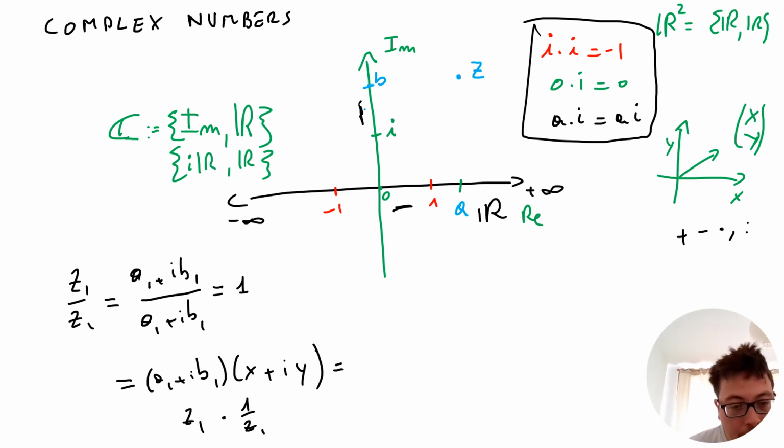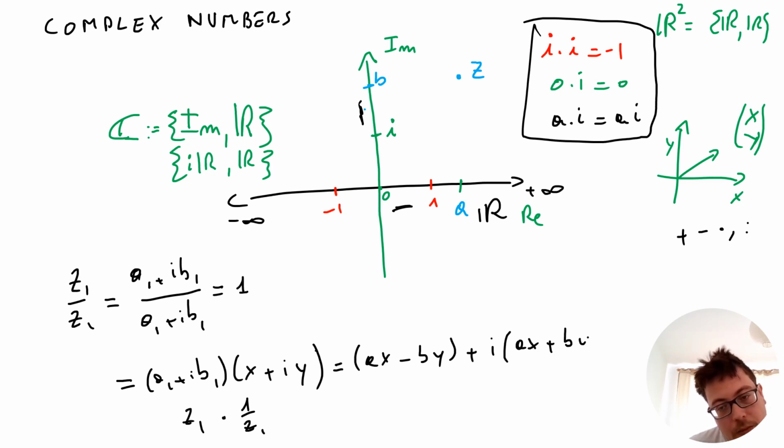Okay, it makes sense. So we know that this is ax minus by plus i, ax plus by, right? No, ay and bx. Okay, now of course we want, what do we want? We want this to be 1, okay?